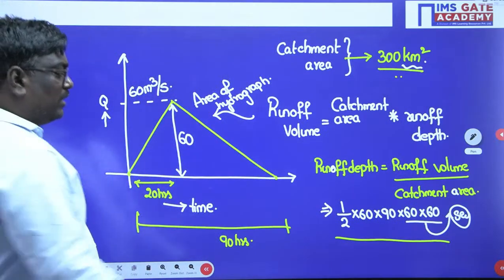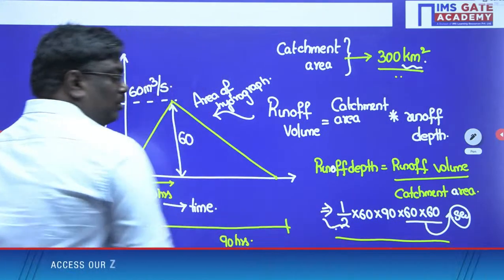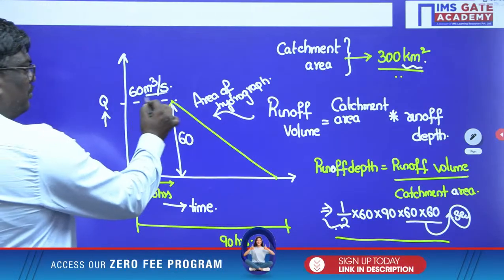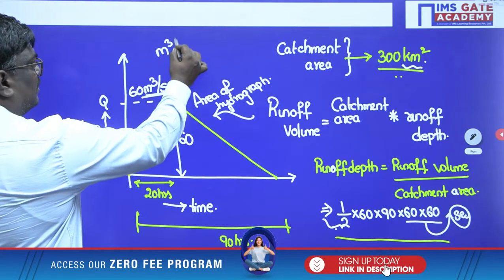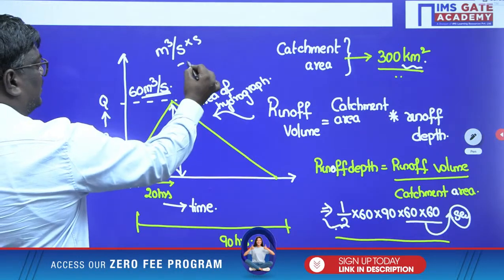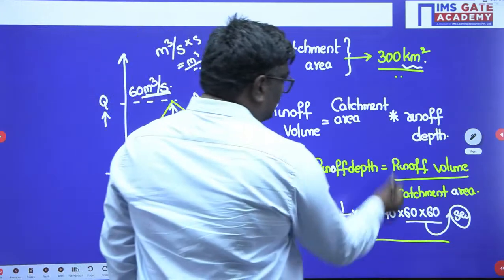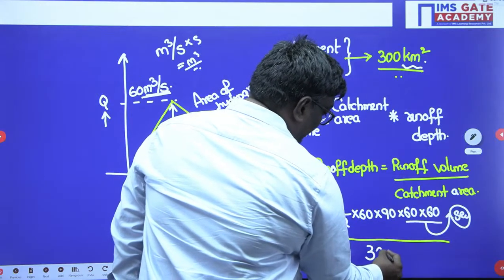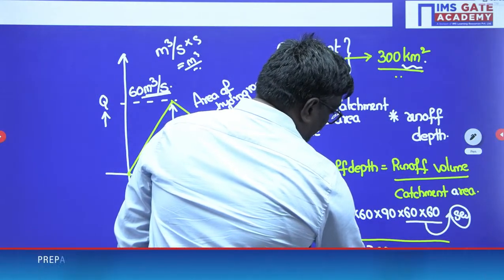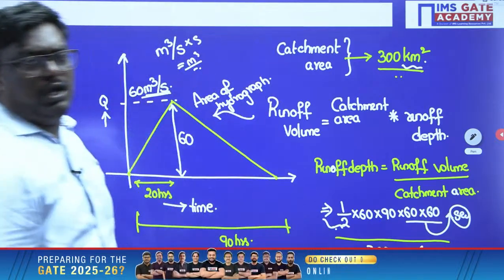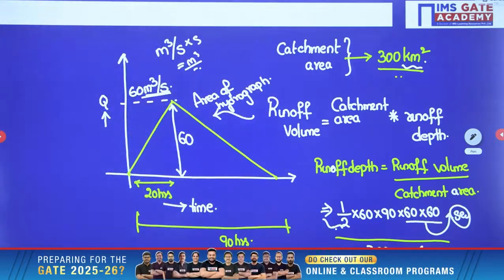But see, whatever runoff volume you get is in meter cube per second, and we have converted hours into seconds, so it will be in meter cube. So we have to convert this 300 kilometer square into meter square: 300 into 10 power 6. Now can anyone tell me what answer you got?